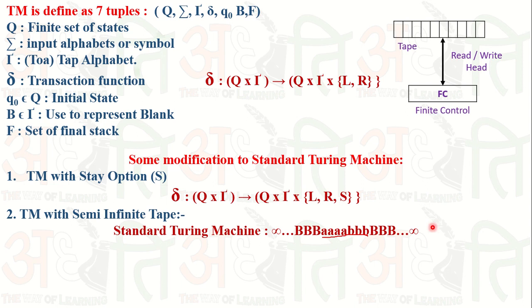But we can make it semi-infinite, which means either the left side or the right side is finite. Here we make the leftmost side finite and the rightmost side remains infinite. So there is no blank at the left side, and all the blanks are at the right side. This is a Turing machine with semi-infinite tape.